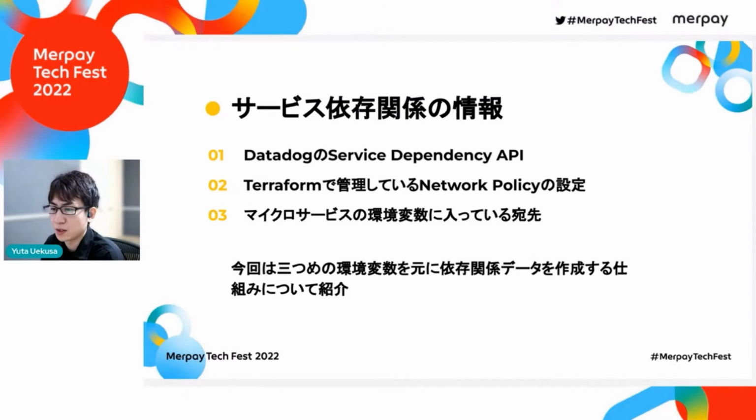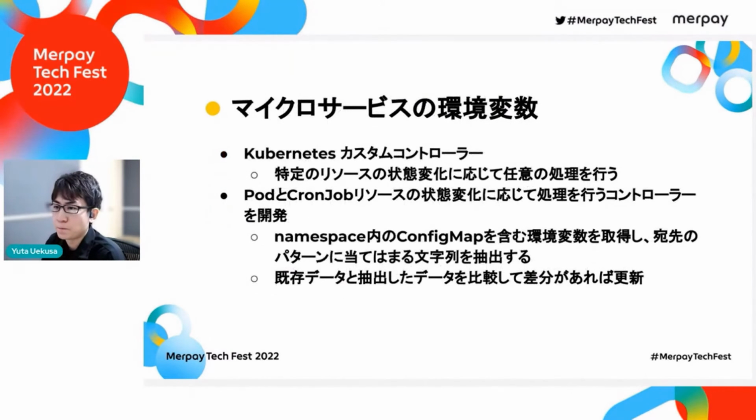Merpay microservices run on Kubernetes. Kubernetes provides a mechanism called a controller that performs arbitrary processing in response to changes in the state of a specific resource. Using this mechanism, we are developing a custom controller to retrieve microservice environment variables.